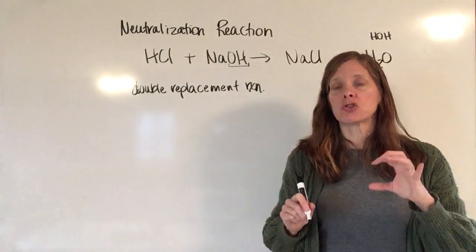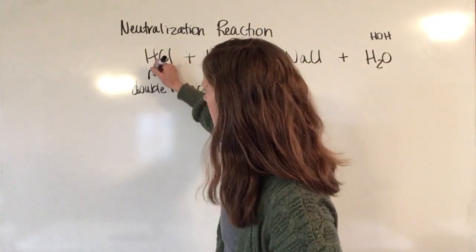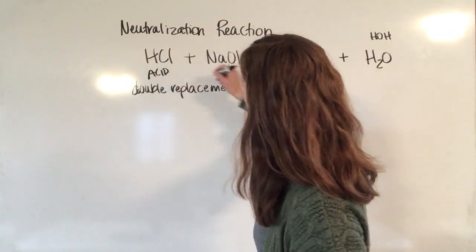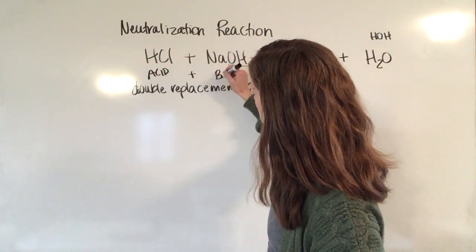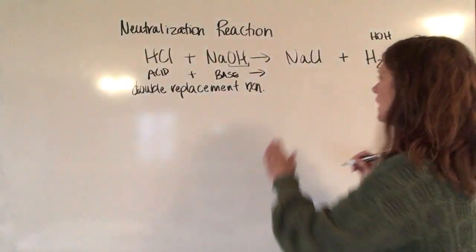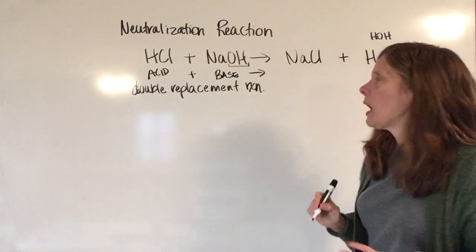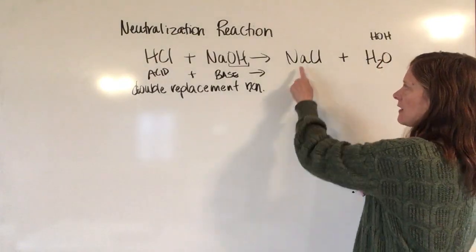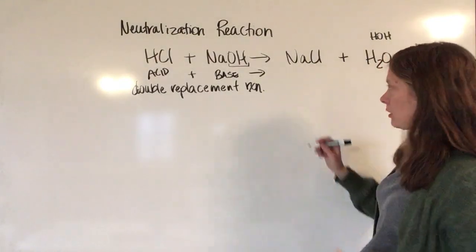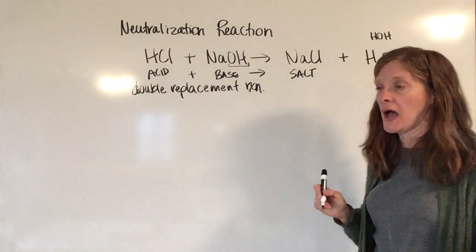So the overall general formula for a neutralization reaction is that I'm going to take an acid plus a base, and that's going to give me, now this is NaCl, this actually is table salt, but anytime that I have a metal with a non-metal, it is called a salt, whether it's table salt or not.